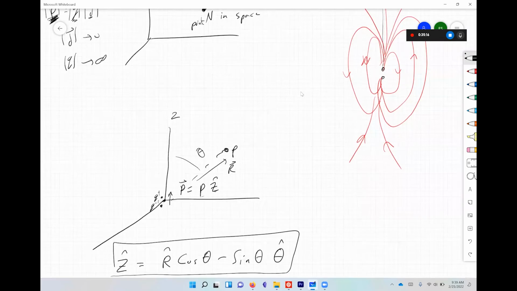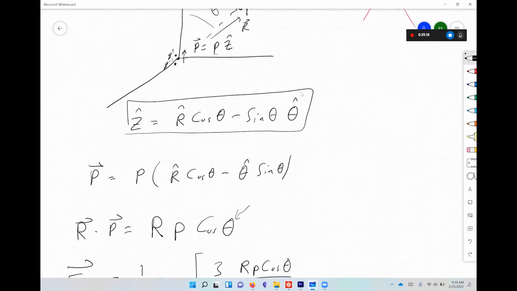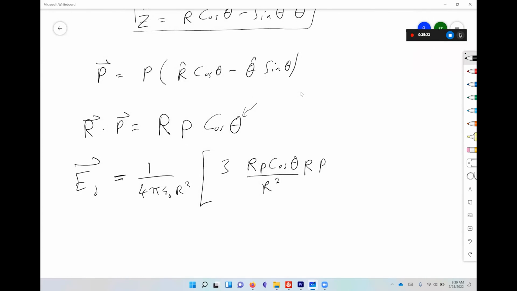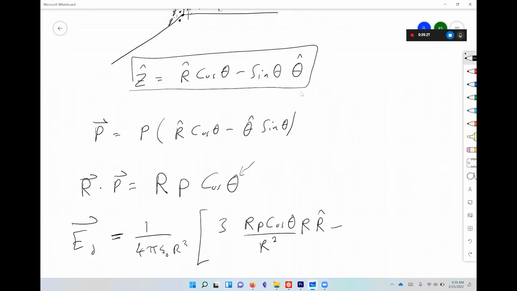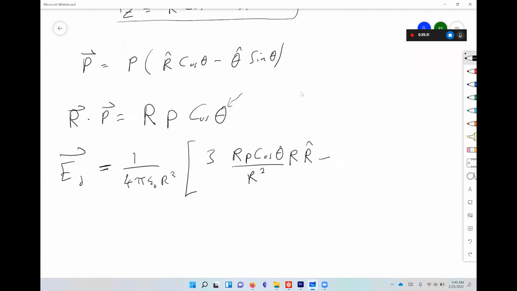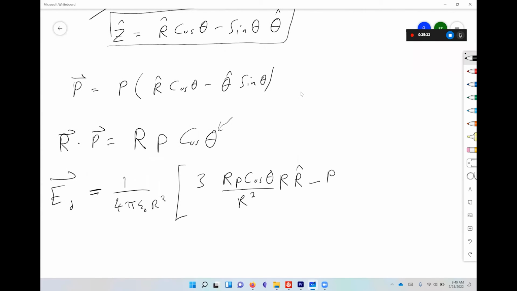And then the r vector is just the magnitude of r times r hat. That's what the r vector is, right? Minus the other term, which is going to be P. P in spherical coordinates, we wrote it up there. It's going to be P times r hat cosine theta minus theta hat sine theta.